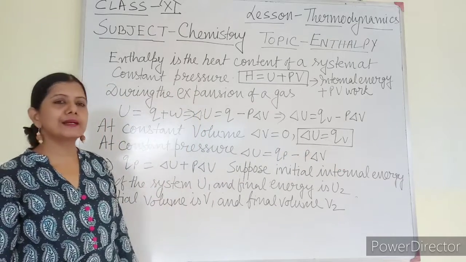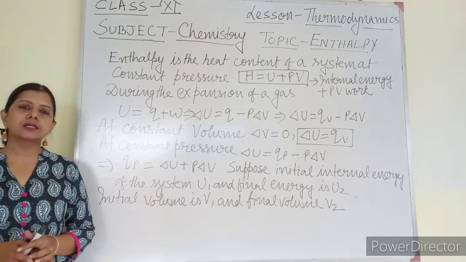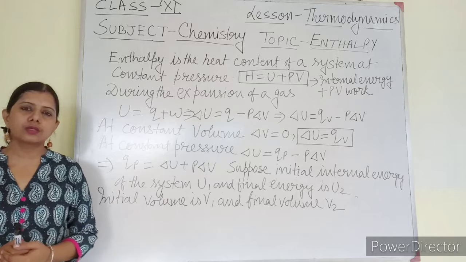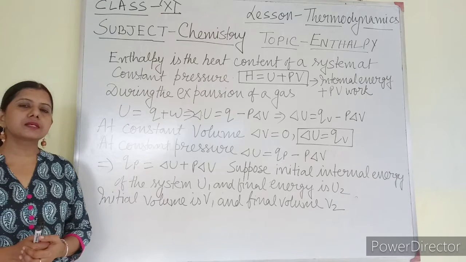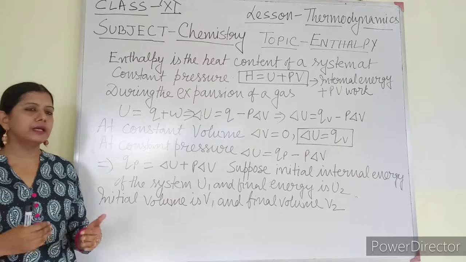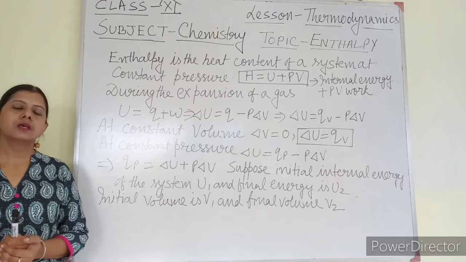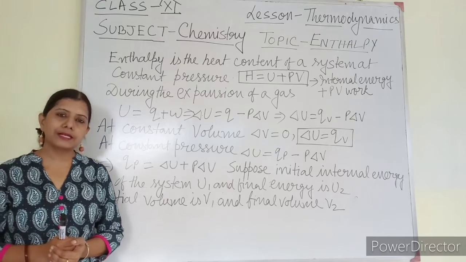But at constant pressure, what is happening? Because most thermodynamic reactions don't occur at constant volume, 90% of reactions occur at constant pressure. So we have to emphasize more on those kinds of reactions which occur at constant pressure.